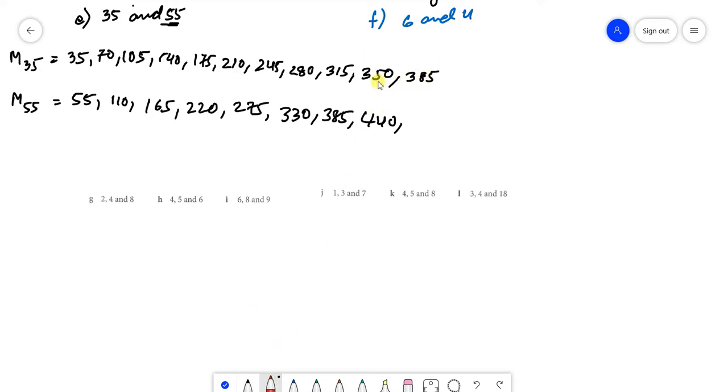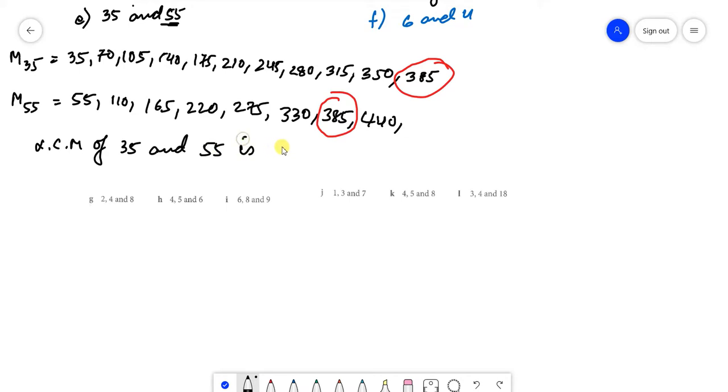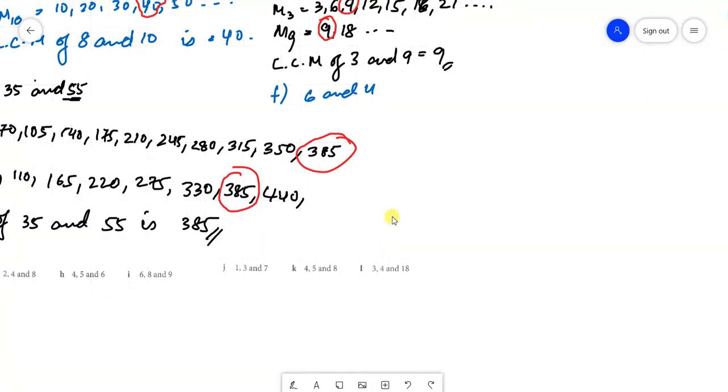So we have the lowest common multiple 385 and 385 here. So we can write LCM of 35 and 55 is 385. Oh, that was a big one.